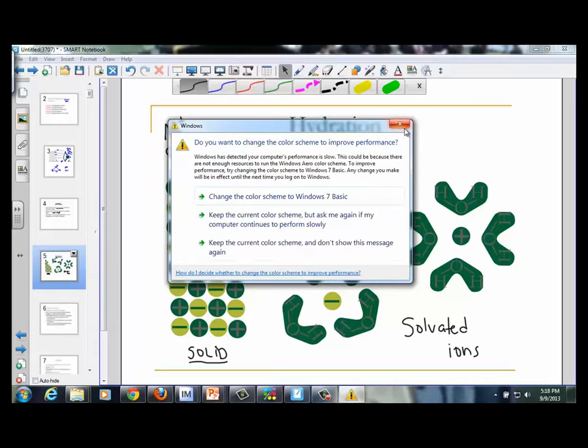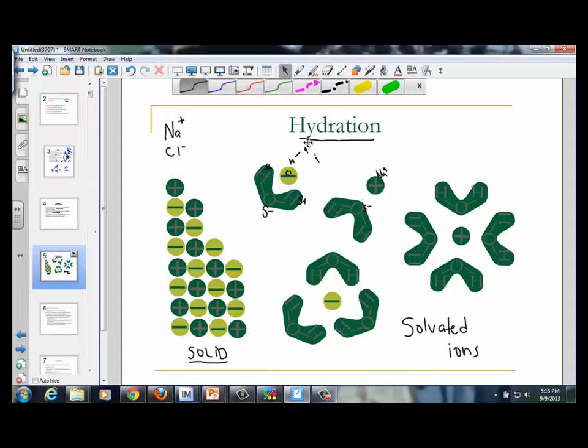A water molecule is going to surround the positive region by using its oxygen. The water molecule will surround the negative ion by using its hydrogens, with the opposite charges associating.